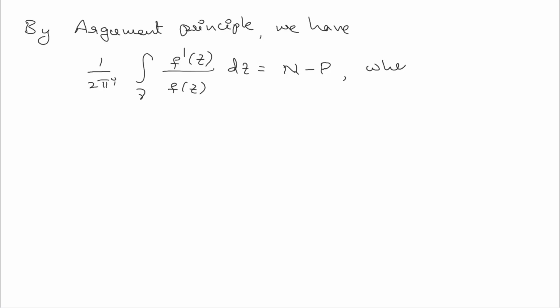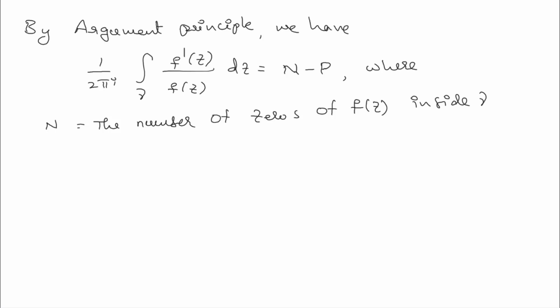where n equal to the number of zeros of f of z inside gamma, and p is the number of poles of f of z inside gamma.